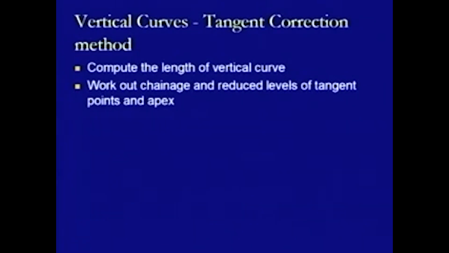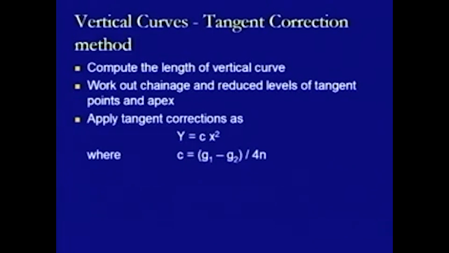We have to work out the chainage and the reduced levels of the tangent points and the apex, and apply the tangent correction, which is y is equal to c x squared, where c is computed as g1 minus g2 divided by 4n.